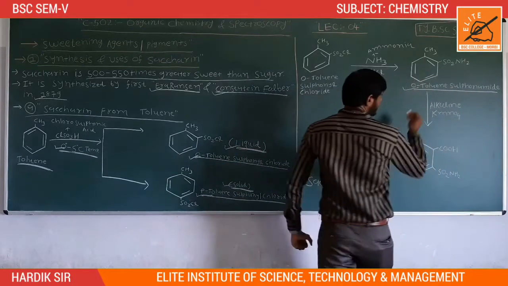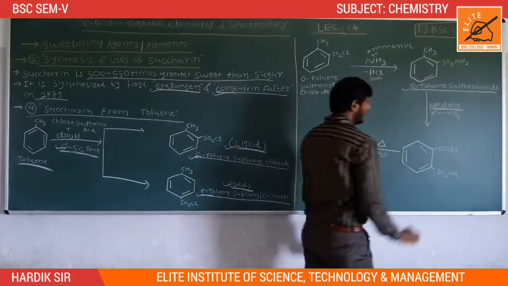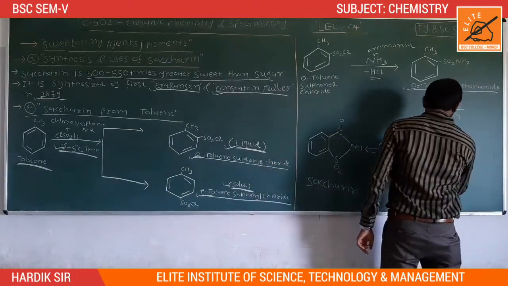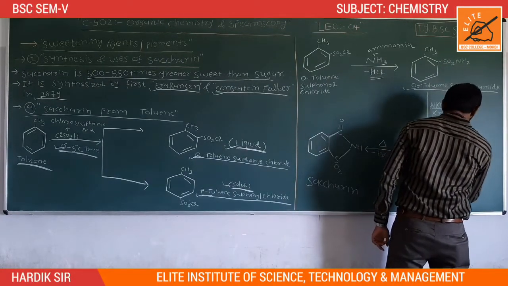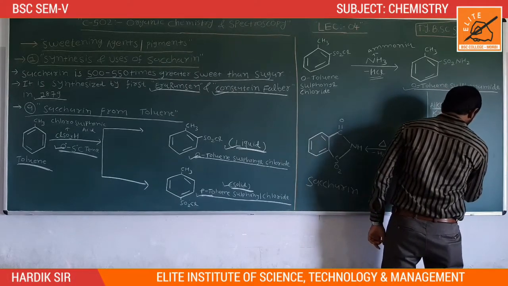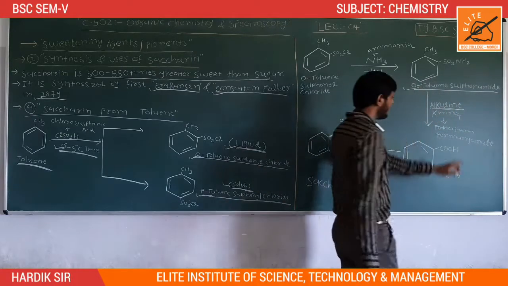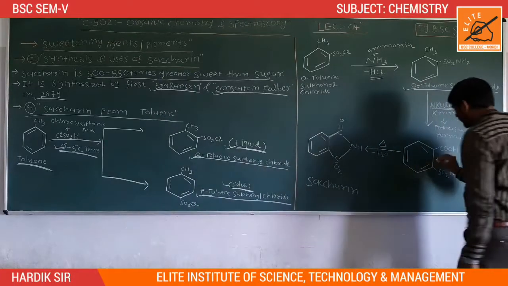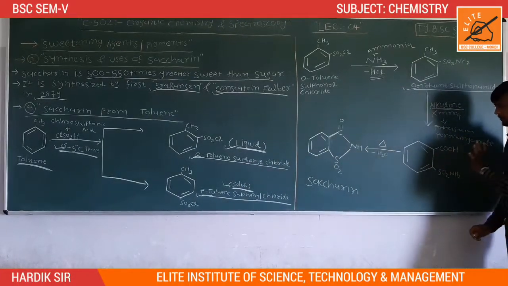Now orthotoluene sulfonamide is reacted with alkaline KMnO4. KMnO4 means potassium permanganate. Potassium permanganate in alkaline condition produces our third intermediate product.